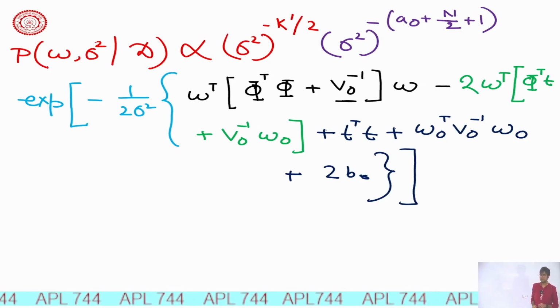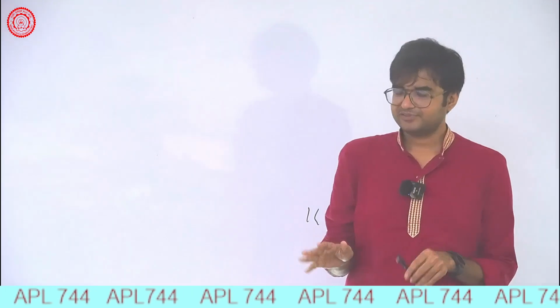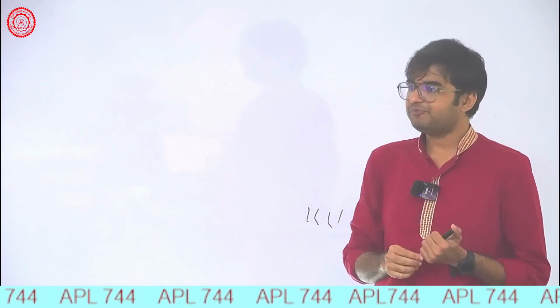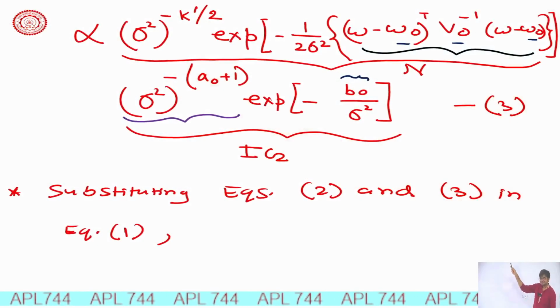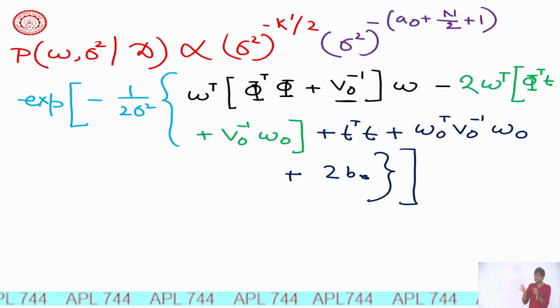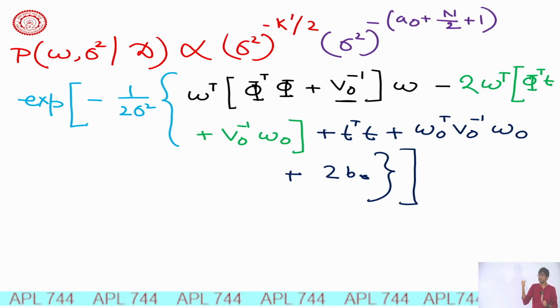So now remember that I am computing the posterior, right? Which means if it is really a conjugate prior, then my posterior would be following what distribution? Gauss inverse gamma. So the posterior form would look like equation 3, right? Which means there should be a Gaussian component and an inverse gamma component, and the inverse gamma component will be only over sigma square.